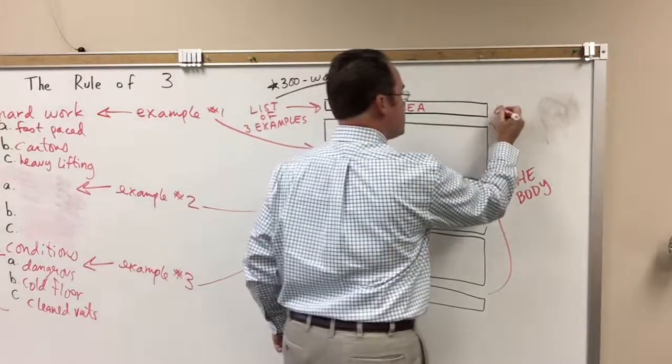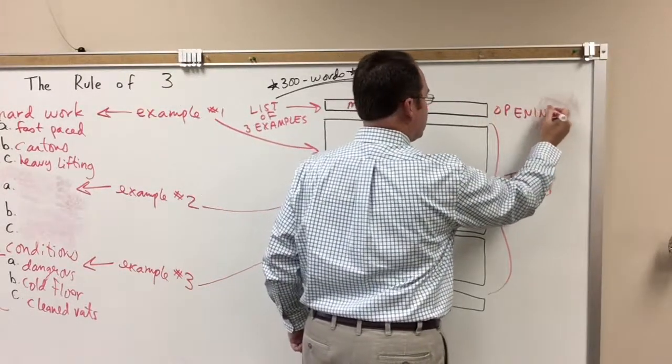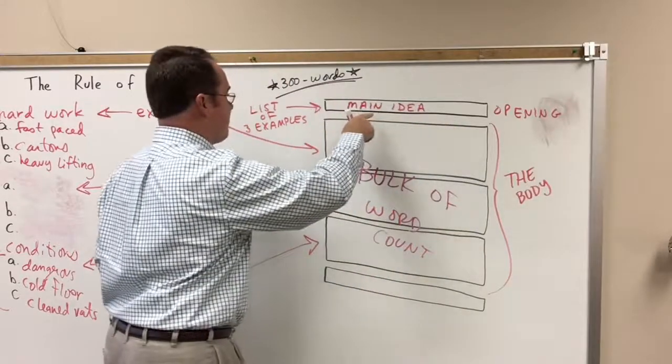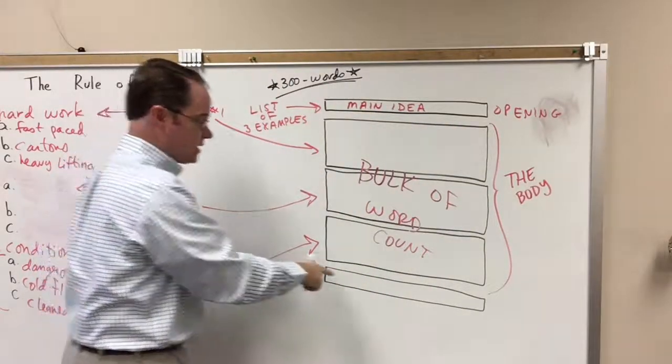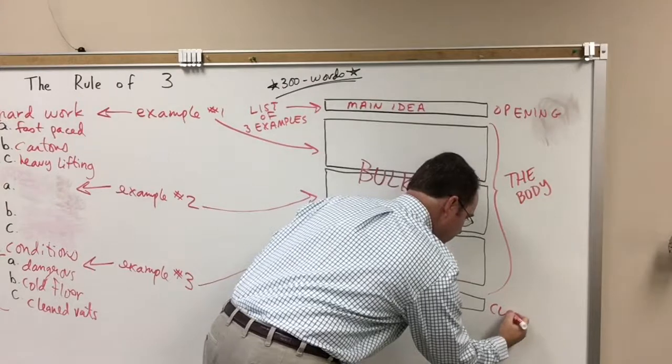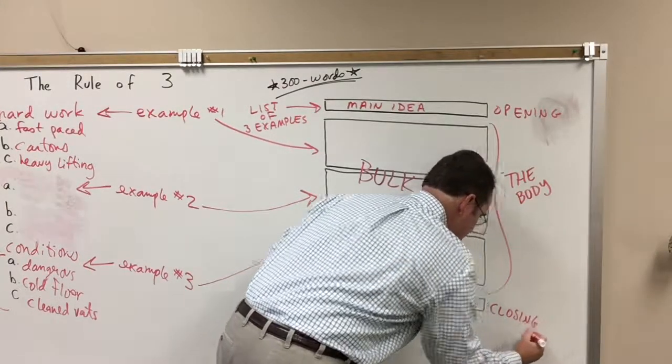So this is our opening, right? Contains the main idea, the list of the 3 examples, and then this is our closing.